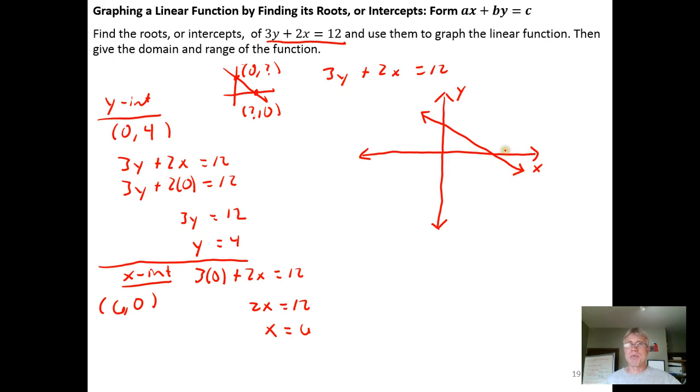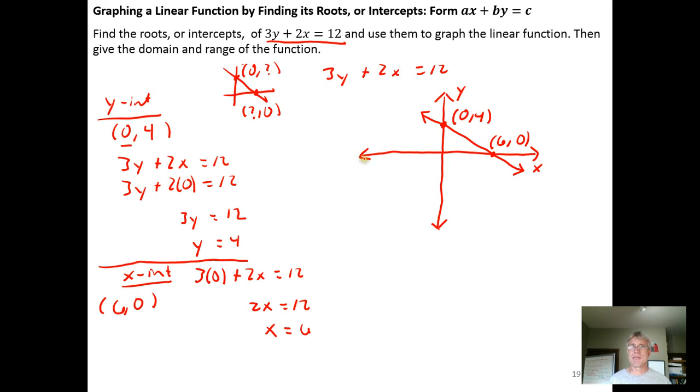Again, I don't put the tick marks in first unless I have a ruler. If I'm freehand drawing, it's easier to draw the line first and then mark in the intercepts after the fact. So this was input 0, output 4 for my y-intercept, and it was input 6, output 0 for my x-intercept. And then I am done with my graph.